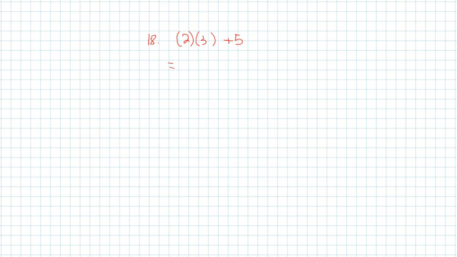Help me with this. Read this to me. Tell me what is going on. 2 times 3 plus 5. Exactly. This is how you need to see it when you look at it. Don't see brackets. Look at it and say 2 times 3 plus 5. What's 2 times 3? 6. Plus 5. What's that? 11. Done.